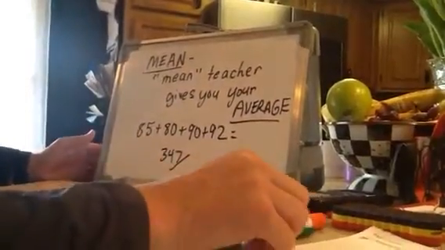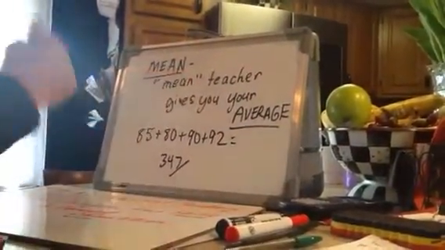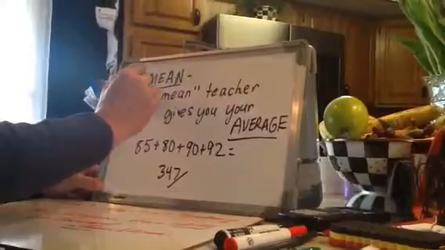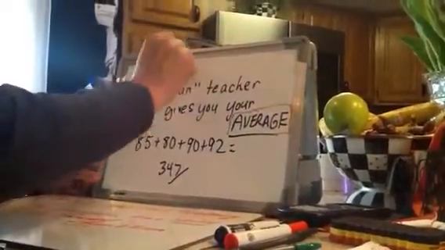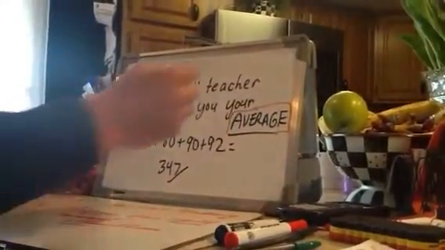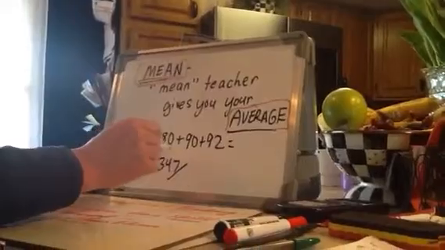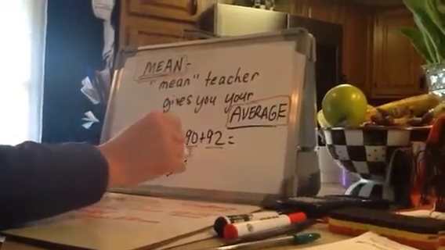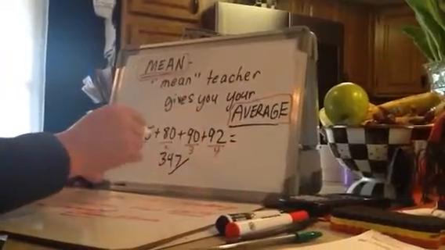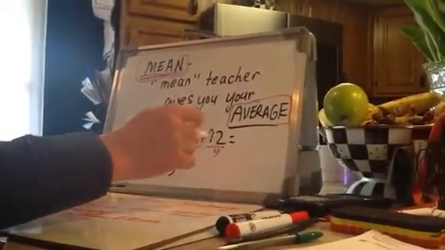But the first thing I want you to understand is the mean. Your mean teacher gives you your average. Now, we always say that you guys are in your average, which is true. But point of the story, when you read the word mean, all they're saying is what's the average. So if your teacher's giving you your grades for 4 quarters, all we're going to do is add them together to save you time.